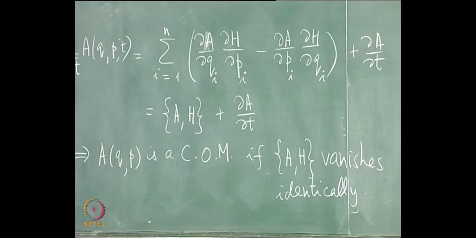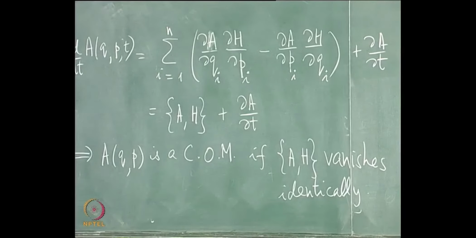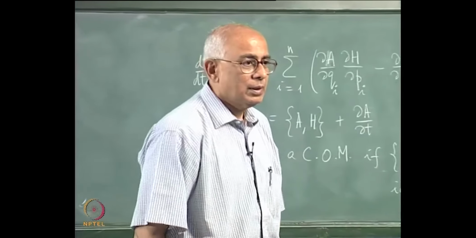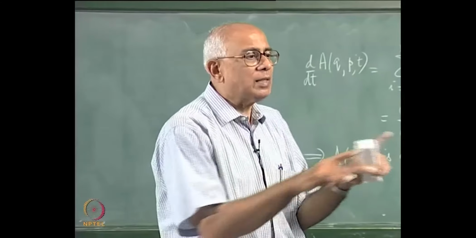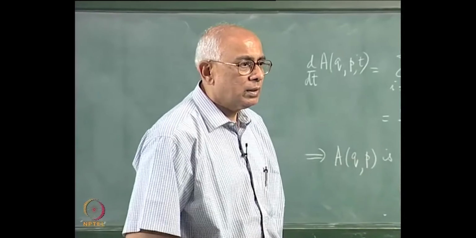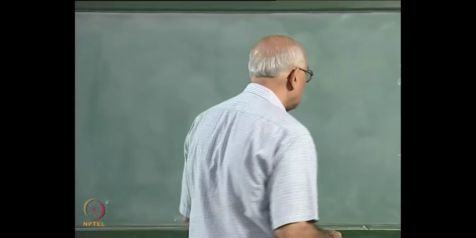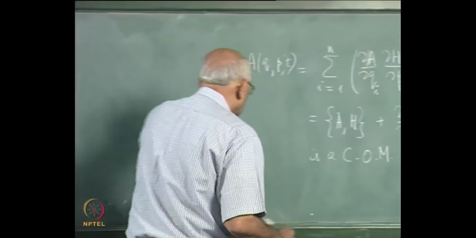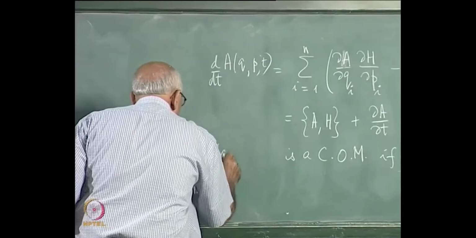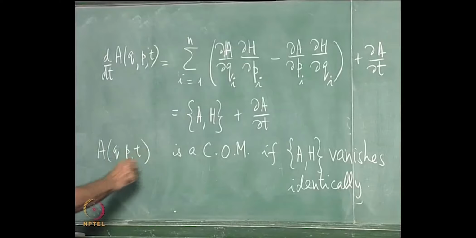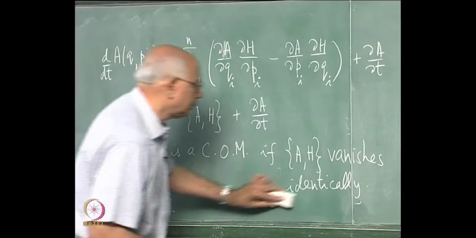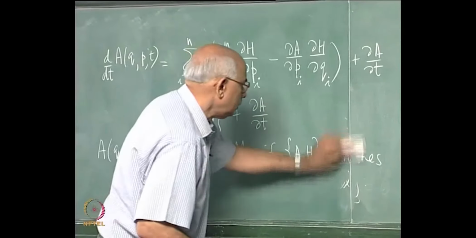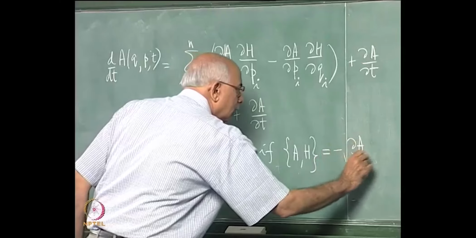We already saw that you could have constants of the motion which had explicit time dependence, because the time dependence from the explicit t dependence could be cancelled by that of dynamical variables, the other dynamical variables in this combination. So we now come to the conclusion that A of q, p, t is a constant of the motion provided the Poisson bracket of A with H is equal to minus delta A over delta t.